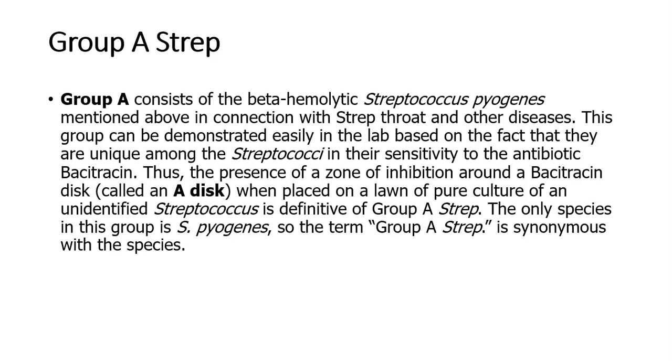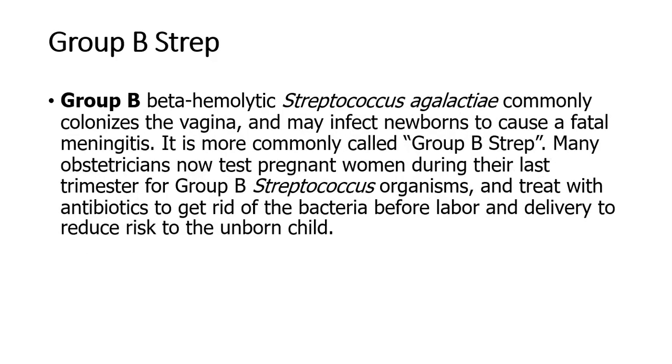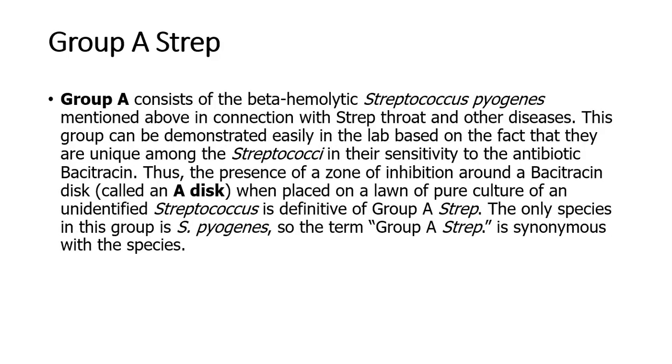So a couple things. Group A strep is Streptococcus pyogenes. It is bacitracin sensitive. It is beta hemolytic. End of statement. And this is the worst strep that we have, so we want to be able to recognize it. If nothing else, remember group A strep, Strep pyogenes, bacitracin sensitive.